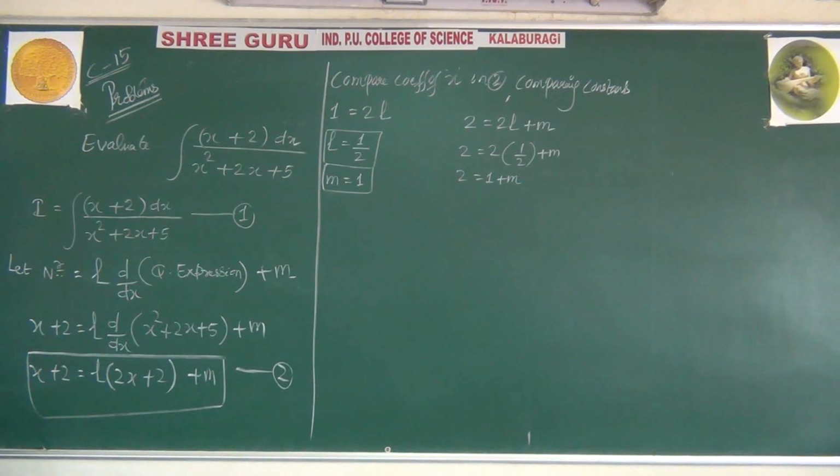Now write from 2 for x plus 2, using in 1, nothing but from 2 using in 1 for the numerator. That means x plus 2 can be written as l into 2x plus 2 plus m.